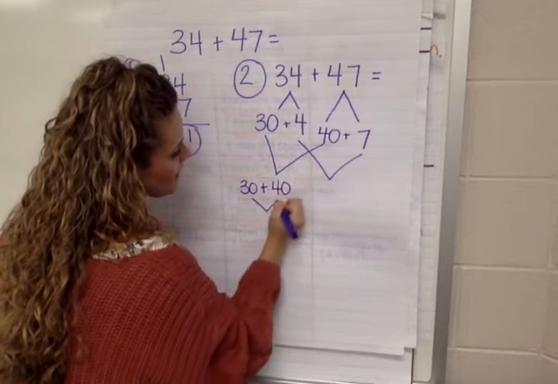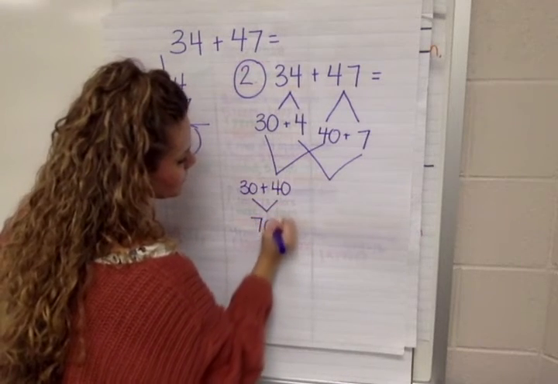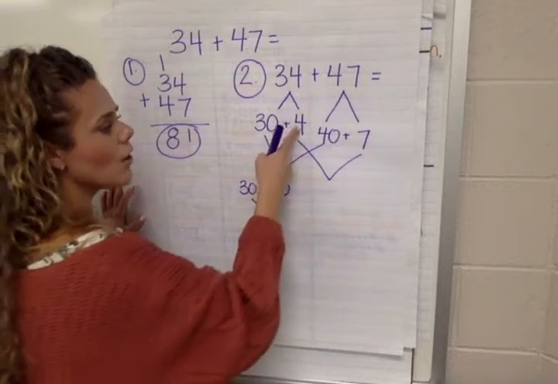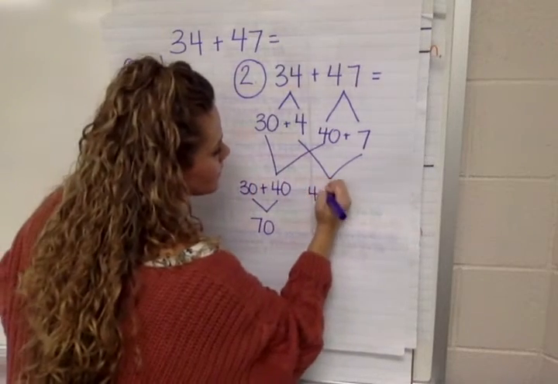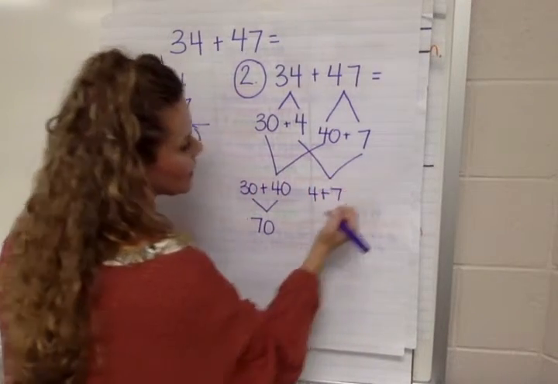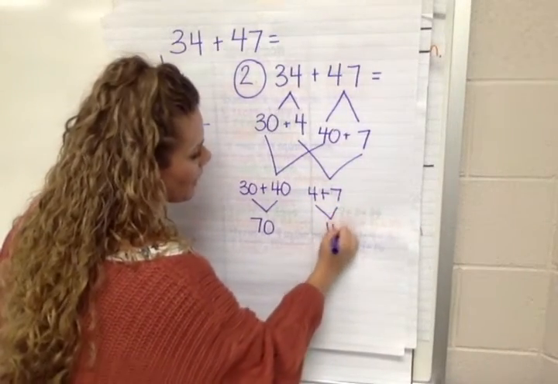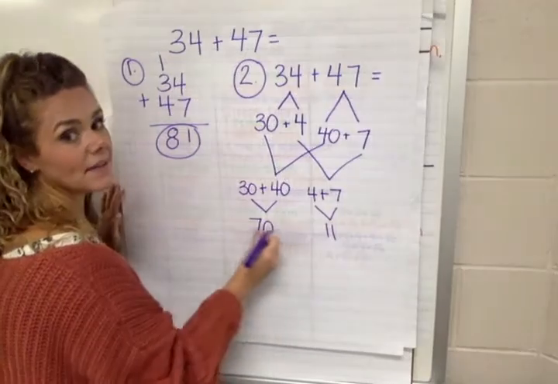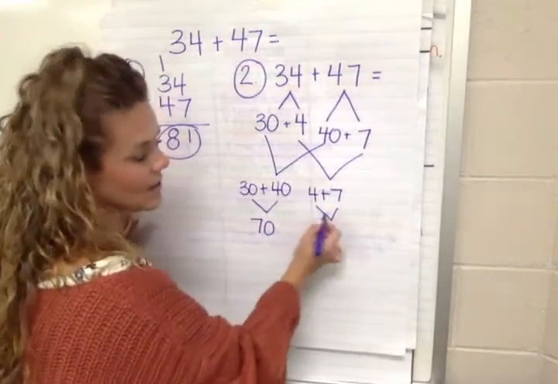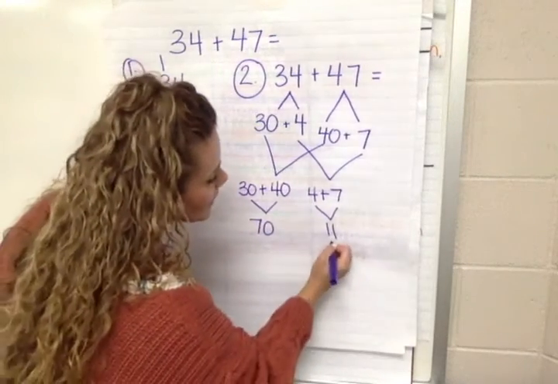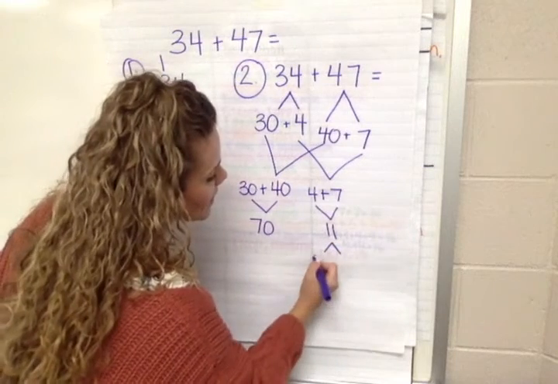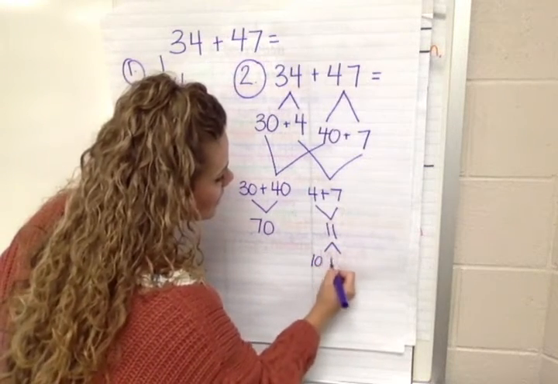This equals 70. And what does 4 plus 7 equal? That equals 11. Okay, now I have to combine these numbers, but 11 isn't friendly. So I need to figure out what 11 is made up of. 11 is made up of 10 and 1.